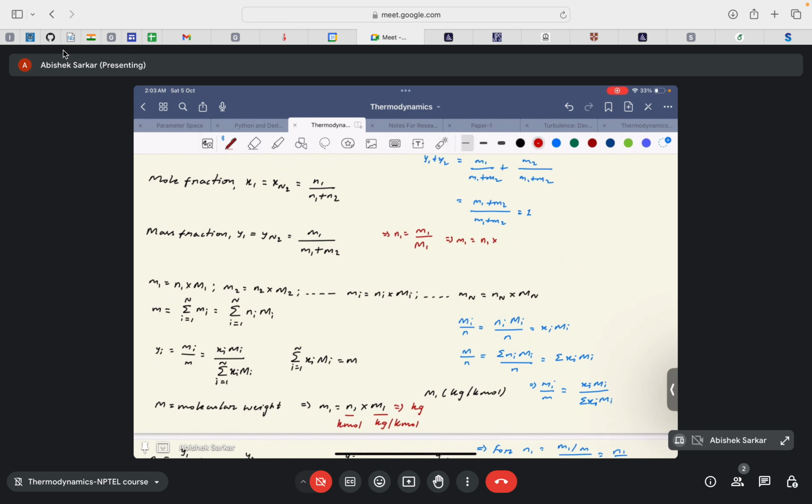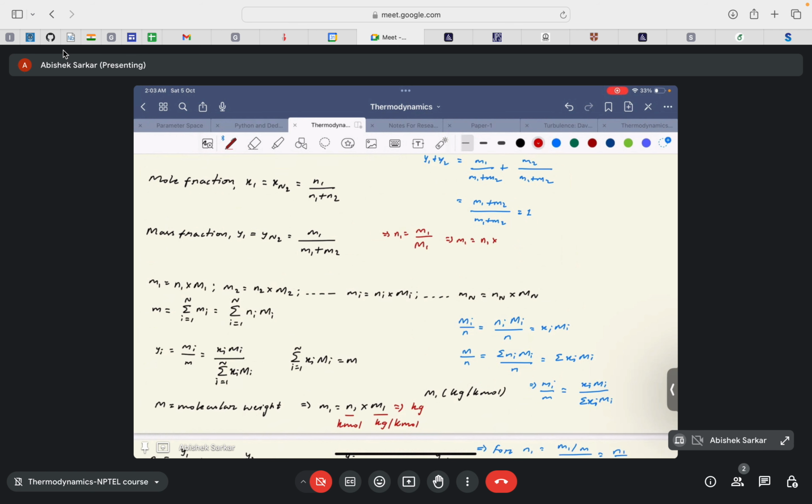we know that n1 can be given as the total mass divided by the molecular mass. Okay, so now if we consider this quantity, say y1 over M1, and y1 will basically be the mass m1 by total m.